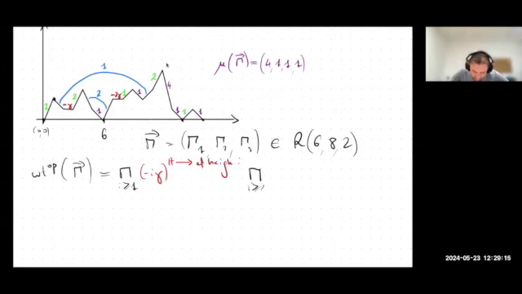The second part of my weight is coming from pairings. Let me use a blue color. This is alpha i to the number of pairings. So I need to count how many pairings of degree i I have in a picture, and I'm gonna multiply it by alpha times i.